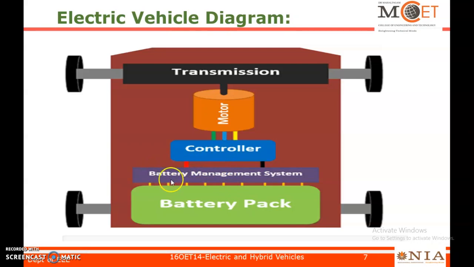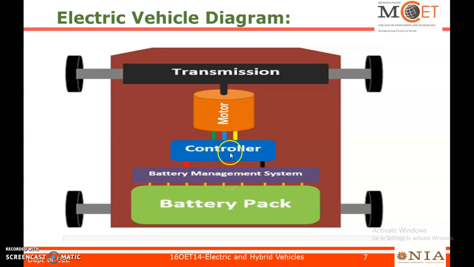Hence, this battery management system is said to be the heart of the battery. It preserves the battery and also controls the operating performance of the battery within the safety operating limit.